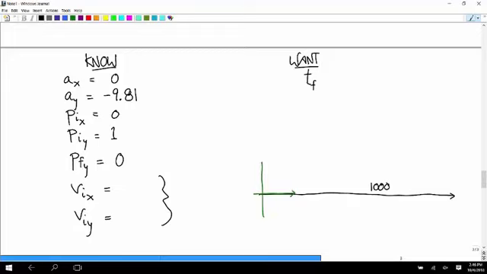This is the tail of the vector. It's completely on the positive x-axis with a magnitude of 1,000. So what are the coordinates of the head of this vector? What's the x-coordinate? Positive 1,000. And what's the y-coordinate? 0. And so the velocity vector is positive 1,000 for x and 0 for y.